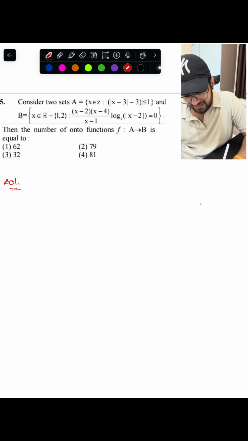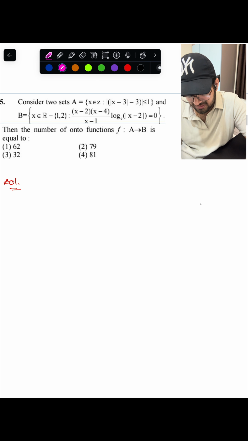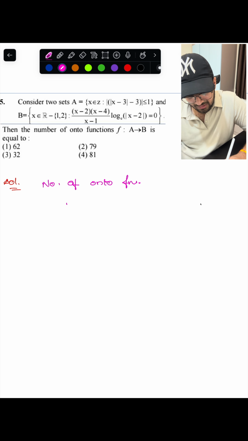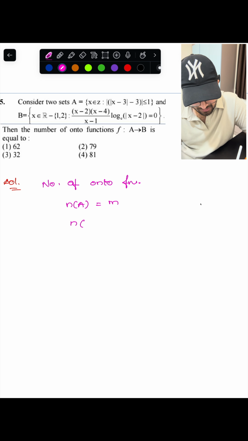So let me write here. Number of onto functions. Let us say n(A) is m, n(B) is n.